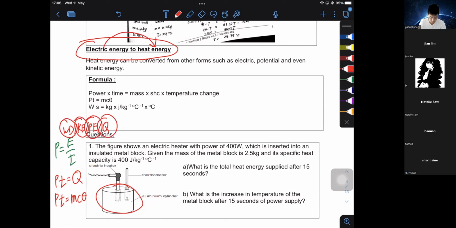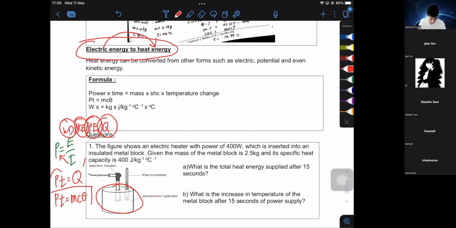In this specific scenario here, it is going to be heat energy, because we want electrical energy to heat energy, right? So from here, making the energy the subject, basically moving the T upwards, we're going to get power times time is equals to heat energy, right? And we understand that heat energy is going to be equals to MC theta.